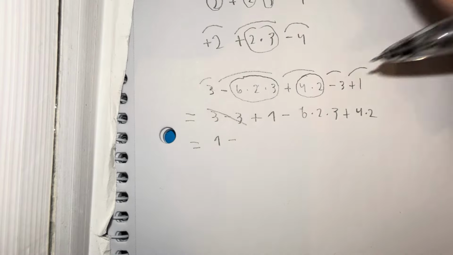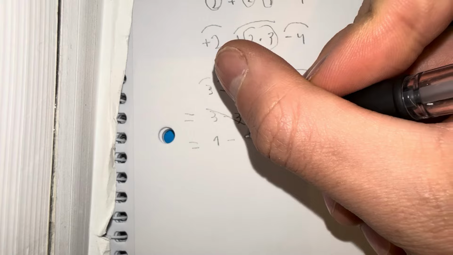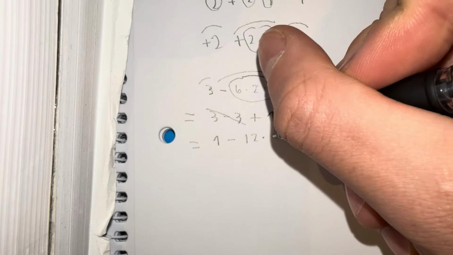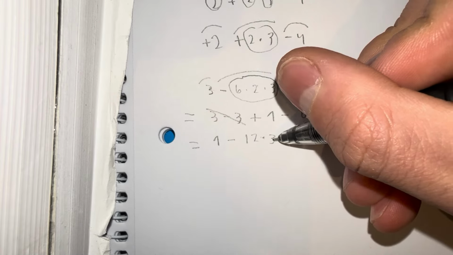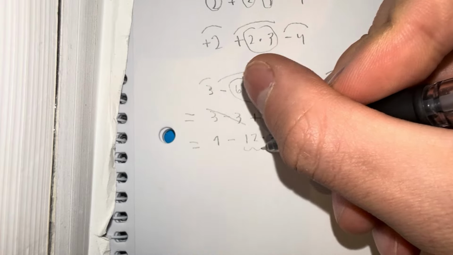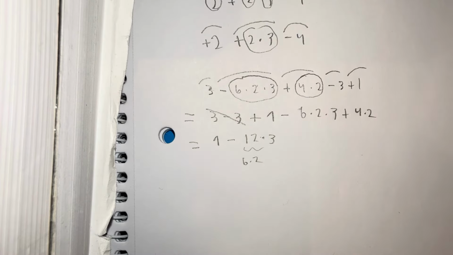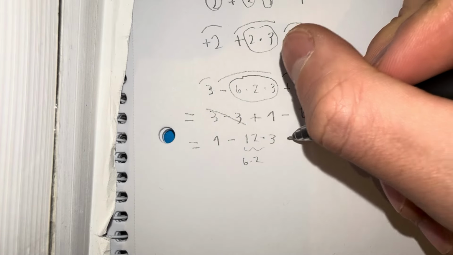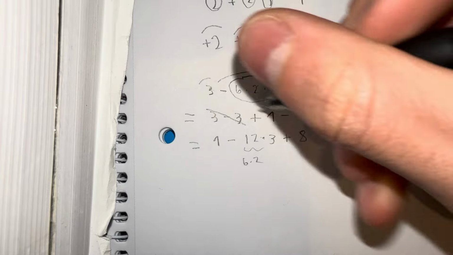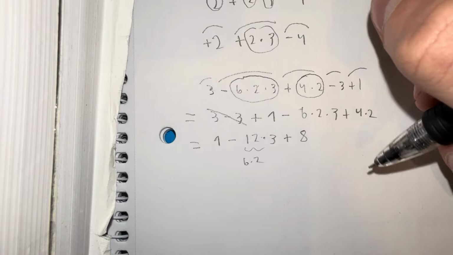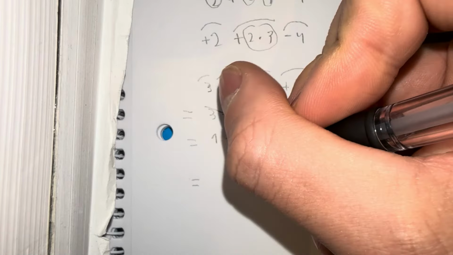Minus 6 times 2, let's do that first. So that's negative 12, times 3. We haven't included the 3 yet, so we just add it like this, multiplied by 3. Plus 4 times 2, plus 8. Now I may add 1 and 8 if I wanted to. Let's do that.